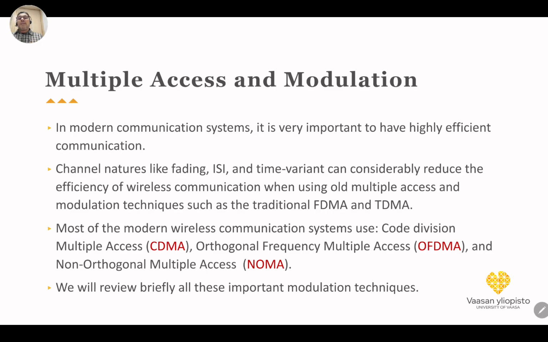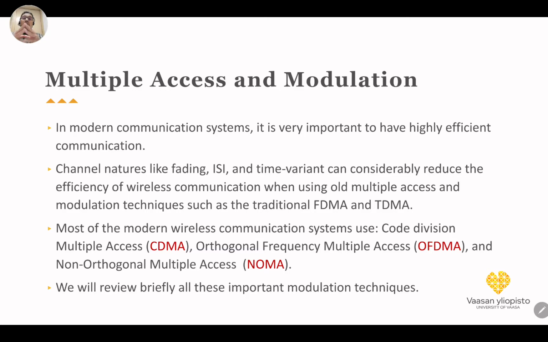Sometimes you are not able to achieve even this 5 megabit per second because of the ISI, especially when you have a certain delay spread or certain characteristics of the channel, which might limit the usage of the spectrum to be much lower than 5 megahertz or 5 megabit per second. So this makes the communication not efficient at all.